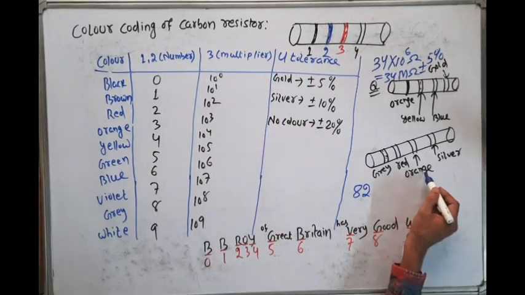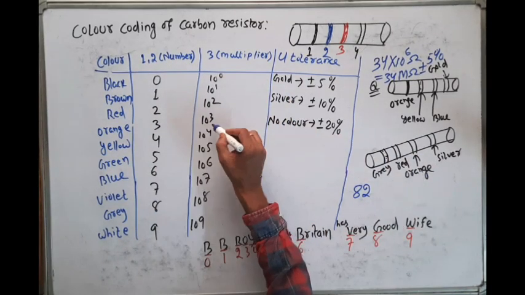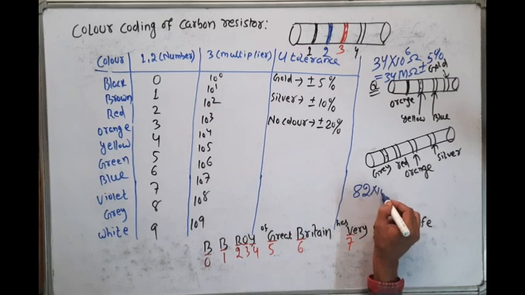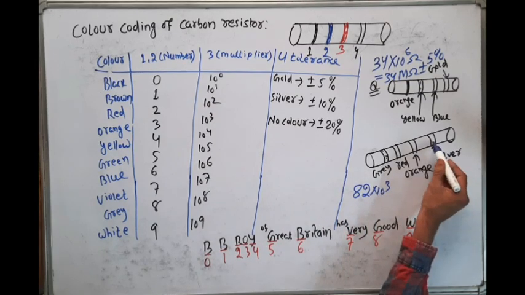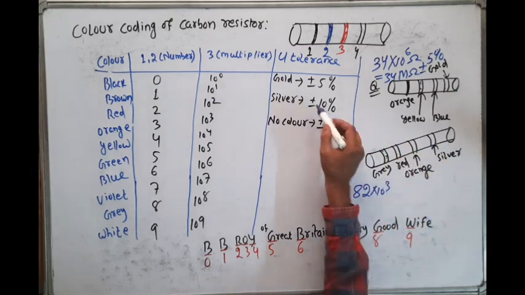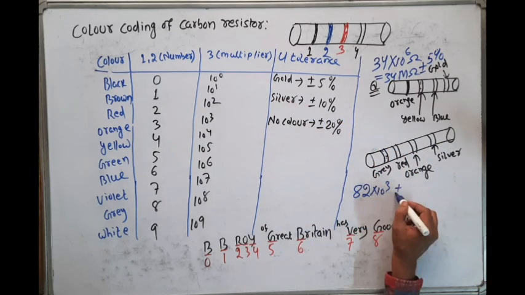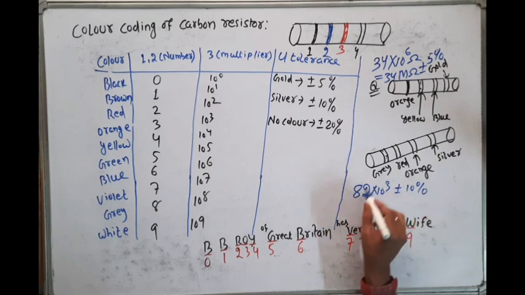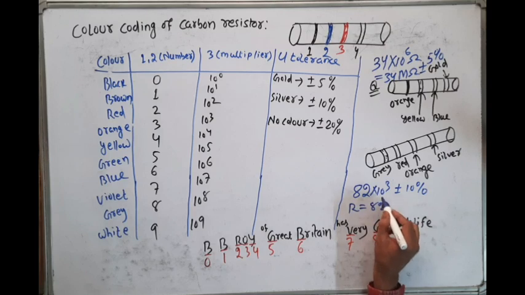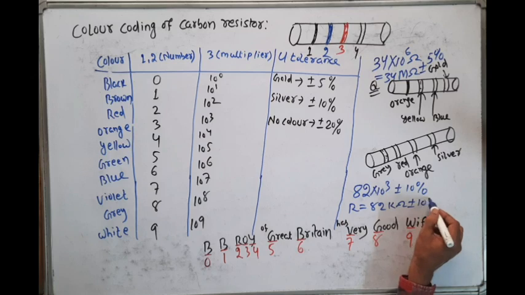Here it is orange, which means 10 to the power 3. The fourth band is the tolerance value. It is silver, and silver is plus or minus 10%. So the resistance of this resistor is 82 into 10 to the power 3 ohm, that is 82 kilo ohm, plus or minus 10%.